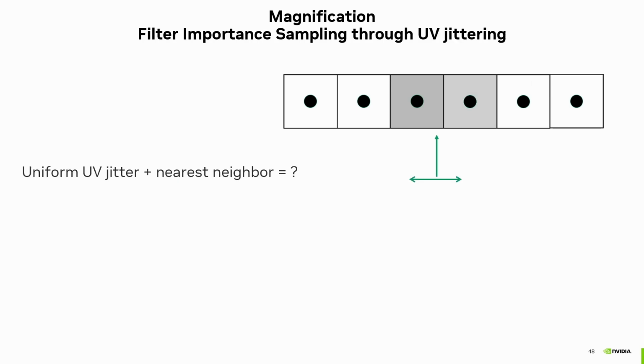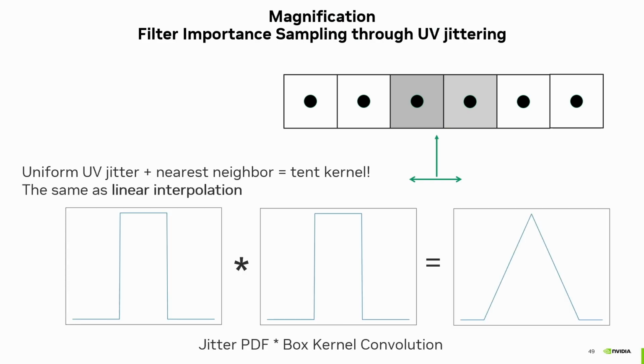So if you apply uniform UV jitter, followed by nearest neighbor snapping to the closest neighbor, it's like convolving 2 box kernels, which is exactly a linear or tent kernel. So doing it this way yields linear or bilinear, trilinear, etc. interpolation. And this is an exact result from previous papers.